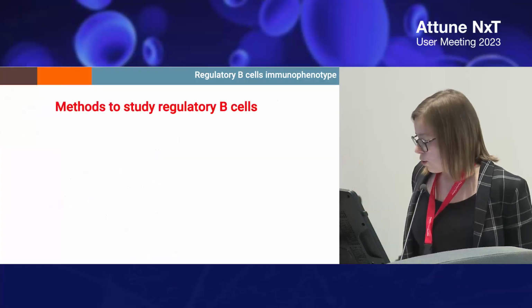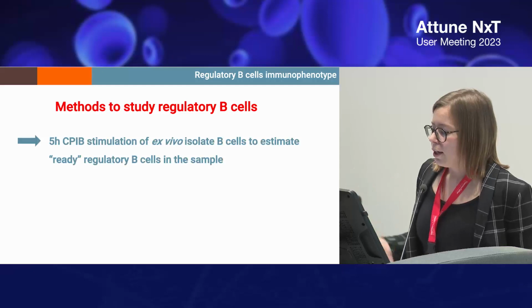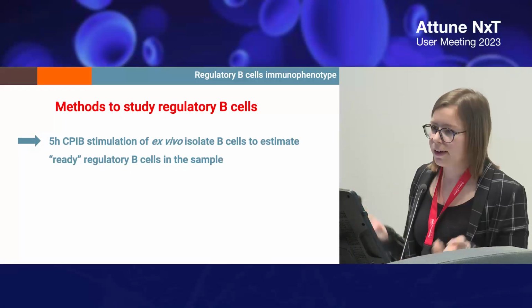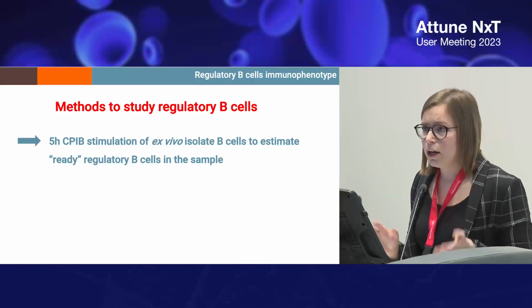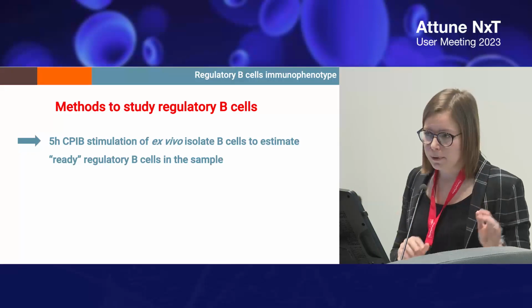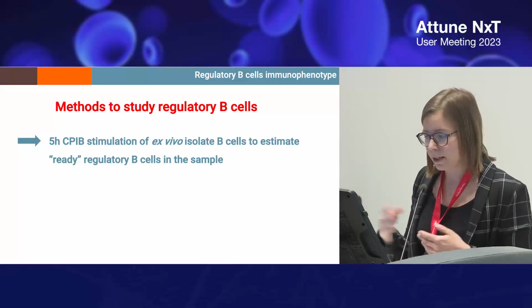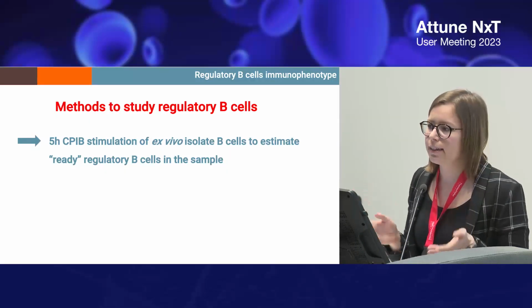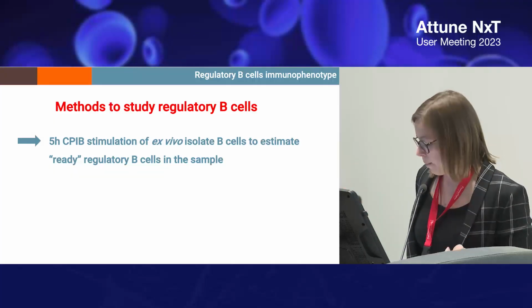So, what are my suggestions if you want to study BRAGs? If you want to just estimate the ready regulatory B cells that you can find in your sample at steady state, you just have to take your sample and stimulate it for 5 hours with CpG, PMA, ionomycin, and you will find the percentage of regulatory B cells that are ready to function in your sample.